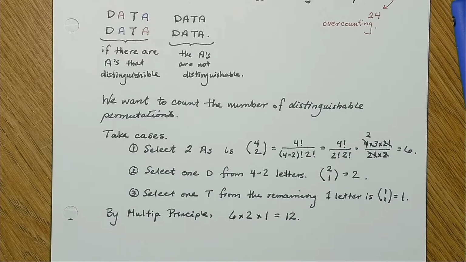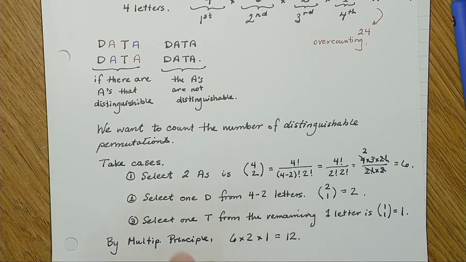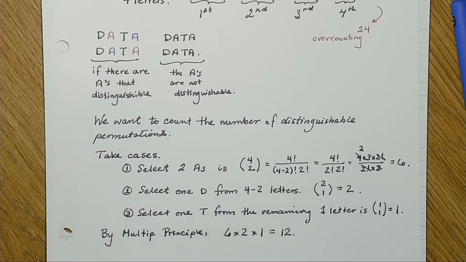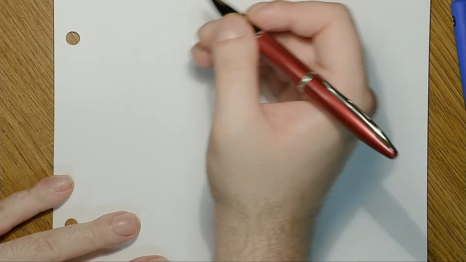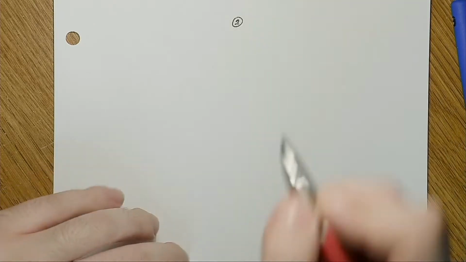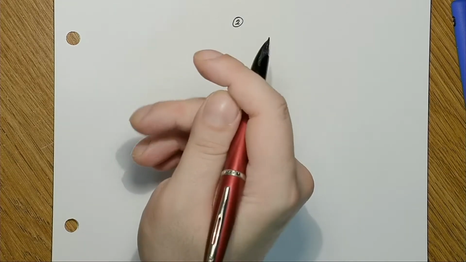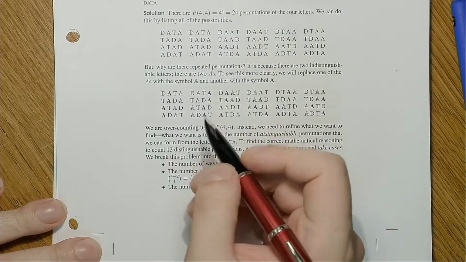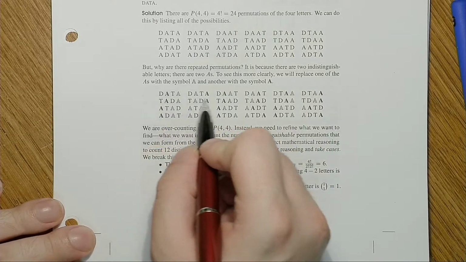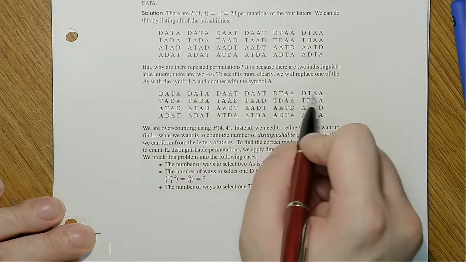And if you don't believe me, what I do have is this. So this is what we have. So what ends up happening is here is the 24 permutations that we had.